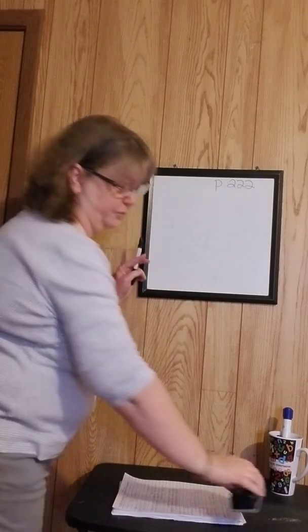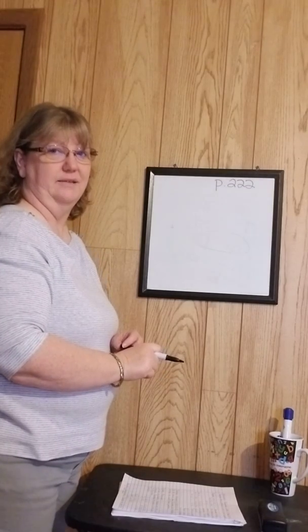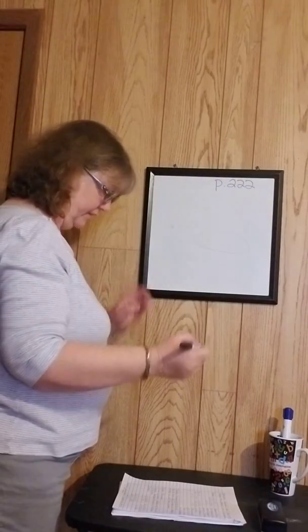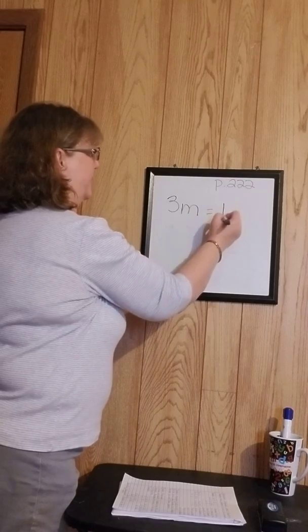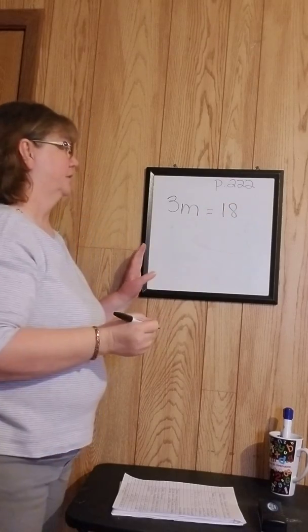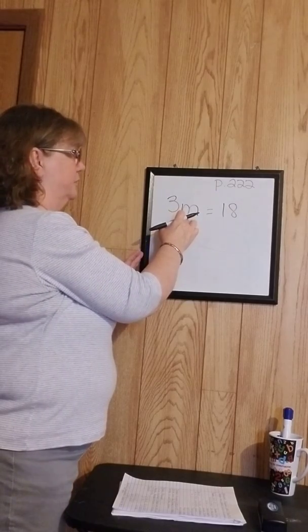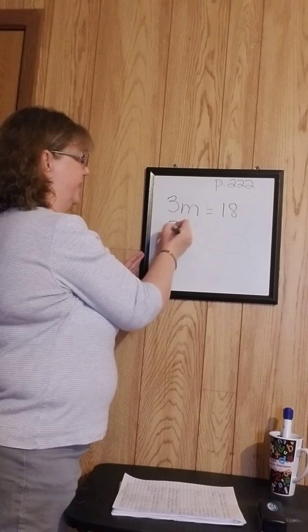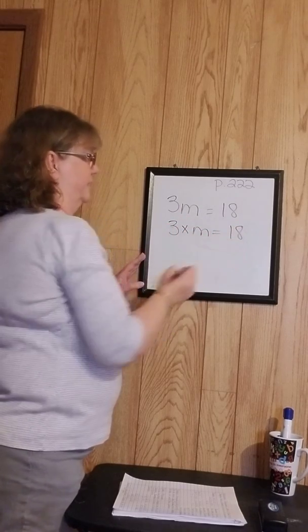In these examples, I'm going to use the same problem to show you the different ways that we multiply using equations. The next example is 3m equals 18. When I see the number 3 in front of a variable, I should know that that's multiplication. It's actually saying 3 times m equals 18.